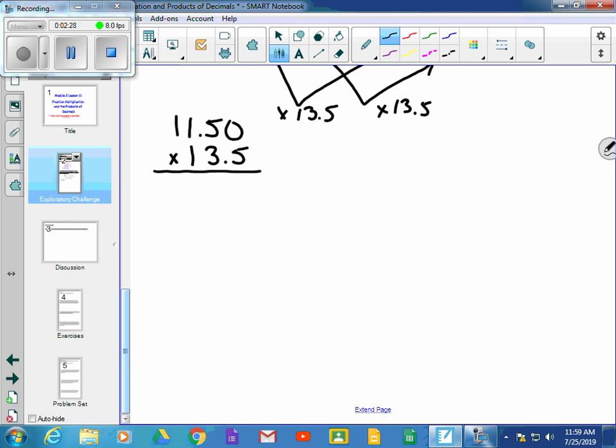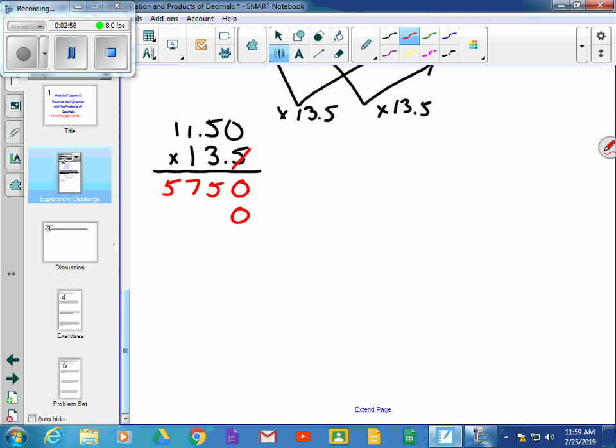So starting with the 5, right to left, I'm going to have 5 times 0, which is 0. 5 times 5, which is 25, so I'm going to carry that 2. 5 times 1 is 5, plus the 2 is 7. And then 5 times 1, which is 5. I've taken care of the 5. I want to erase the carryovers and put a 0 to hold that place value.